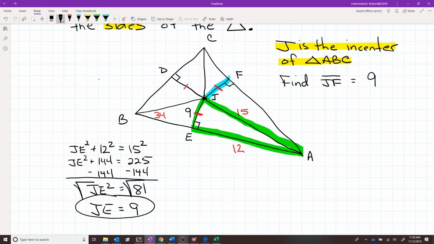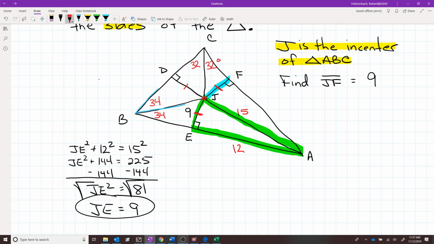Okay, so there's a lot of information in the fact that J is the in-center of the triangle. Alright, take a look at this angle right here, D, B, J. What would the measure of DBJ be equal to? 34 degrees. Because if J is the in-center, it's where all the angle bisectors meet. If this angle, DCJ, is 32 degrees, then what is angle FCJ equal to? 32 degrees.